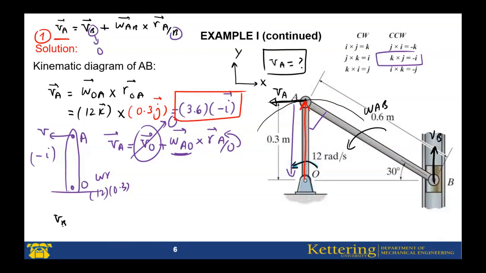Tell me quickly. How can I write the velocity of the B, this piston? The magnitude is unknown. How can I write the velocity of the B? Tell me.